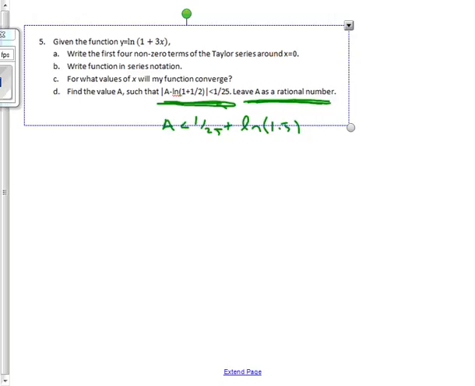So the theory behind this question, what they're trying to get you to see, is to use the error that occurs from an alternating series. So we know that my function is alternating because of the -1.